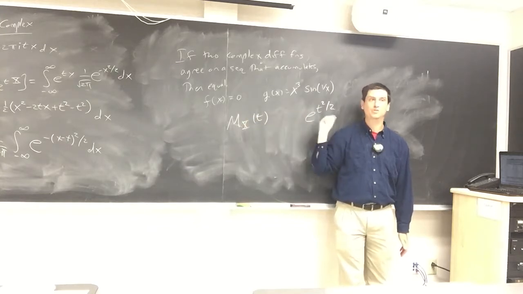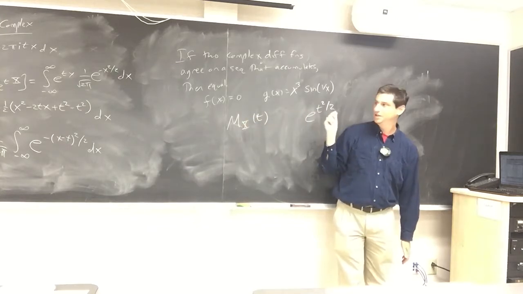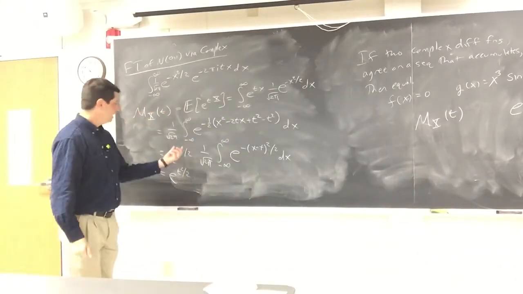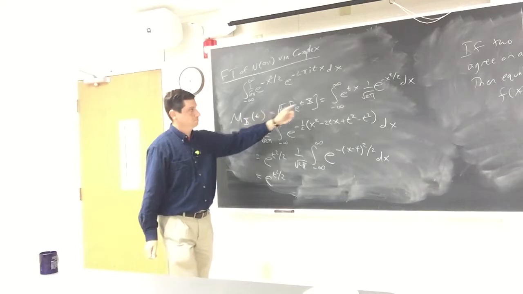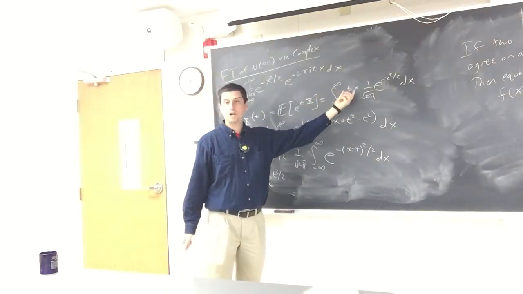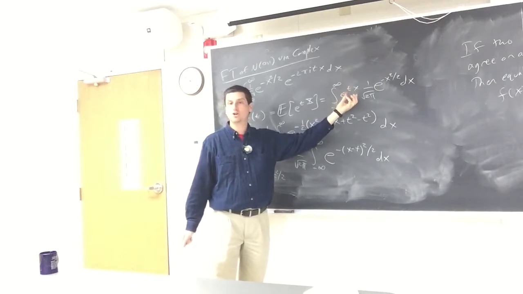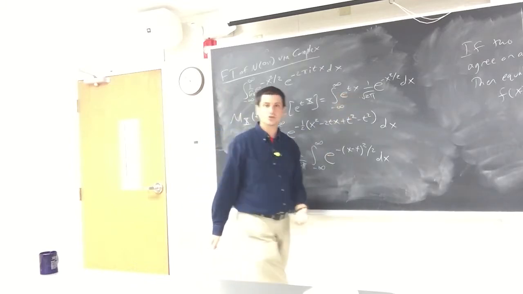So these two functions agree whenever t is real. This function, it turns out, is defined even if t is complex. The imaginary part here is going to have absolute value 1. The integral will still exist. With a little bit of work, you can show that this function is complex differentiable.